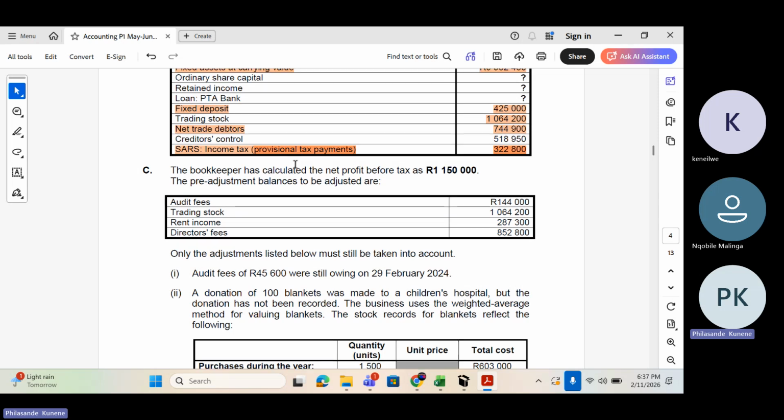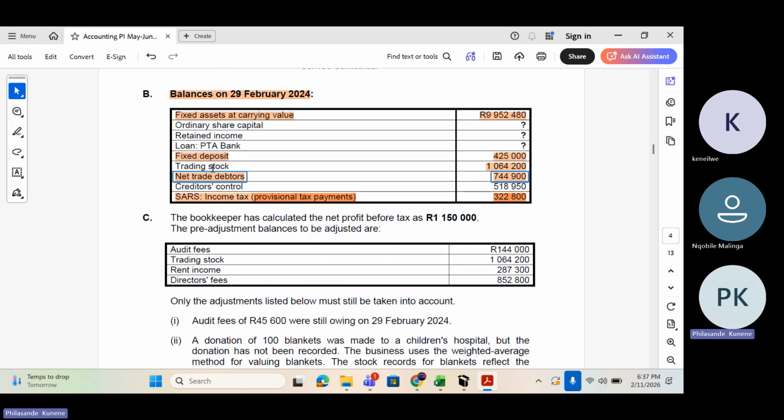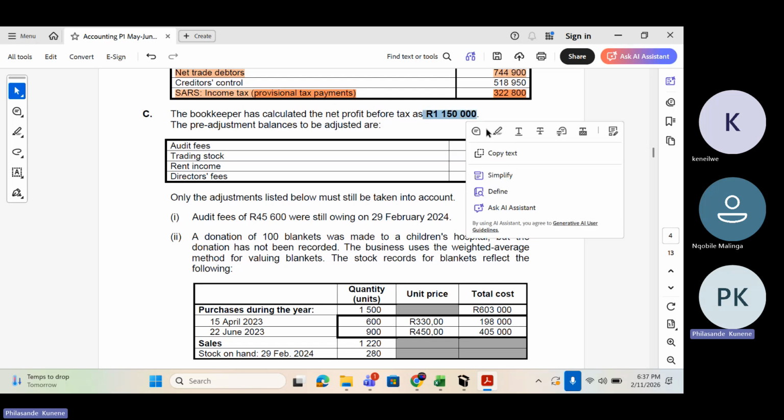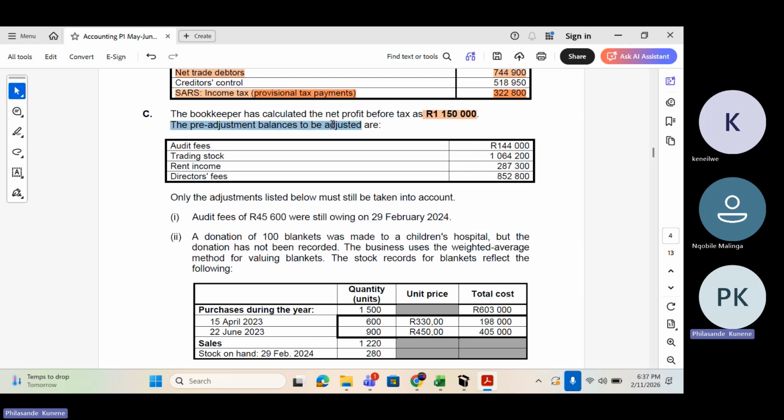Let's go to number C. Which means information number B, we looked at it, we're happy with it. So we're moving on now to information number C. They're saying here the bookkeeper has calculated the net profit before tax of 1,150,000. The pre-adjustment balances to be adjusted are as follows, right? We have audit fees here, they have to be adjusted.